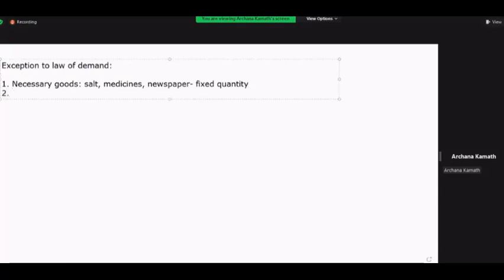Okay. Any other commodities that don't follow the law of demand from your life experience? Gold, assets. Do they follow the law of demand or not? If people are buying gold even if its prices are increasing, right? Why is it a requirement?